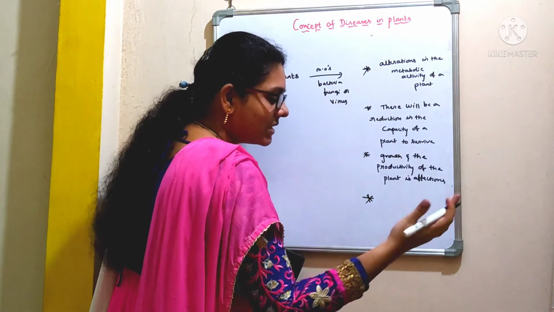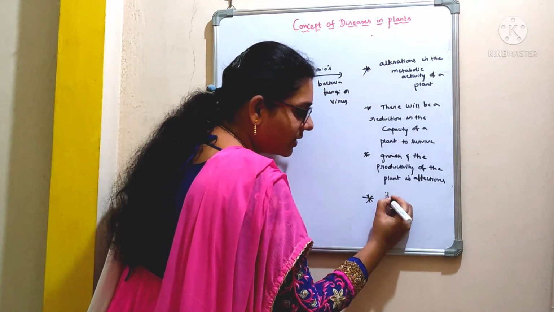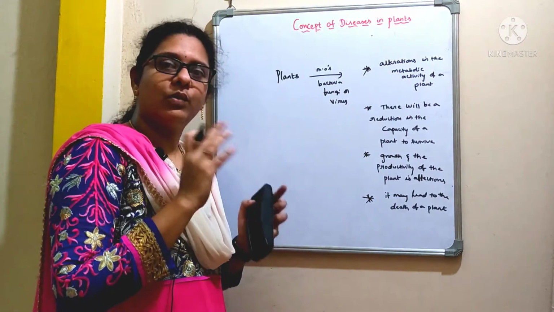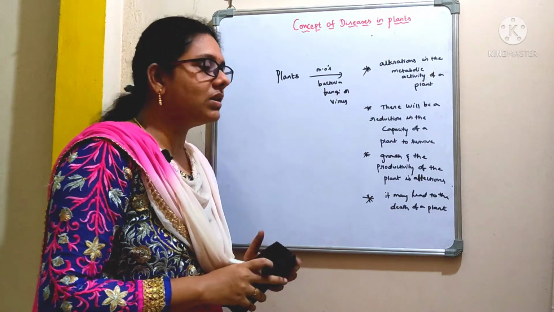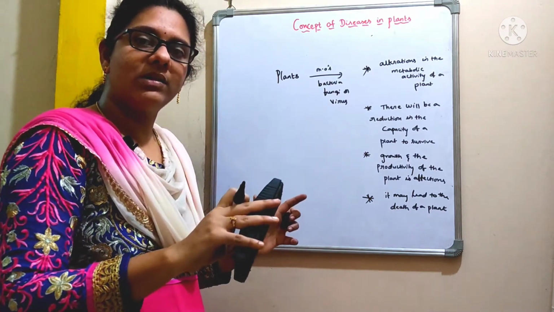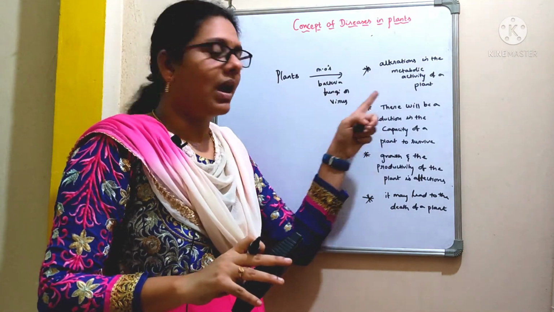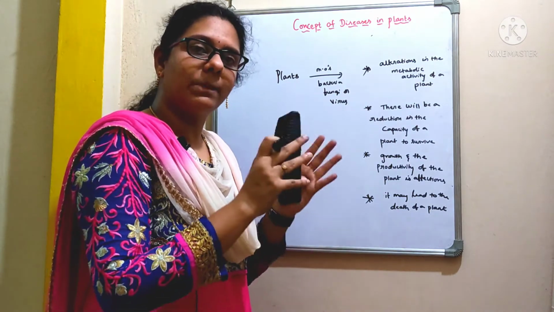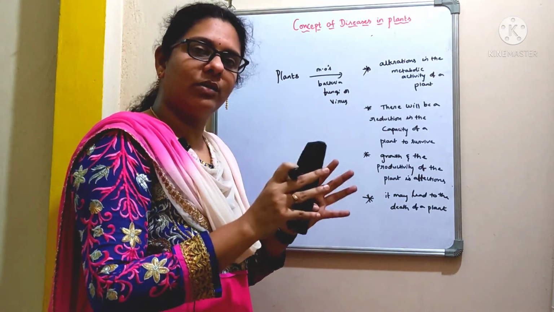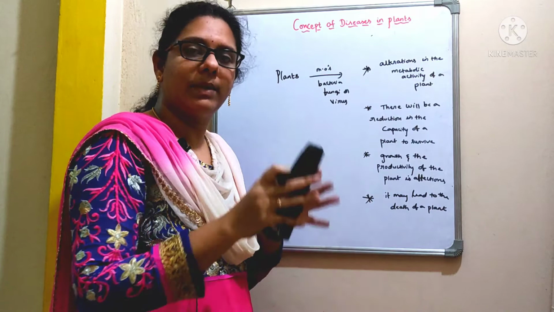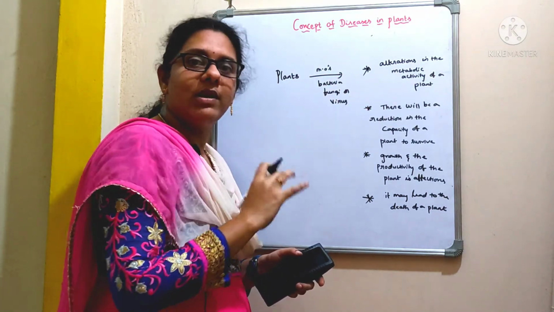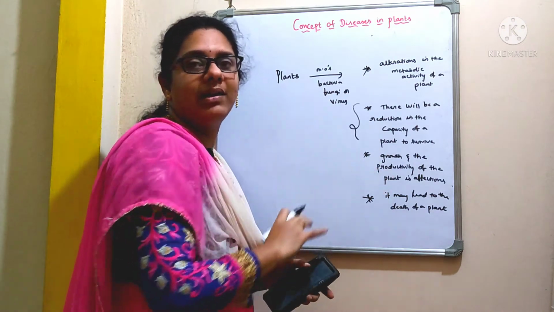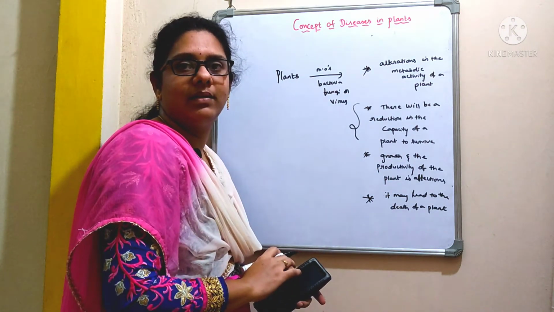And when the disease is prolonged, it may lead to the death of the plant. So what results can we observe in a plant when it is infected with a pathogen? All the metabolic activities of the plant will be disturbed. And once the plant is subjected to stress, whatever the factor, whether biotic or abiotic, the plant's growth rate will be affected, yield will be reduced, thereby leading to the death of the plant.